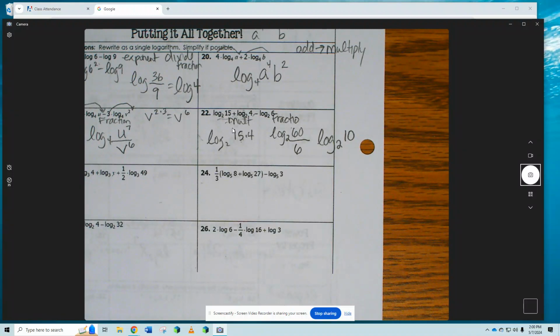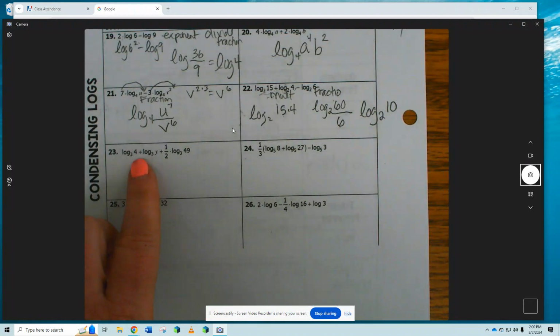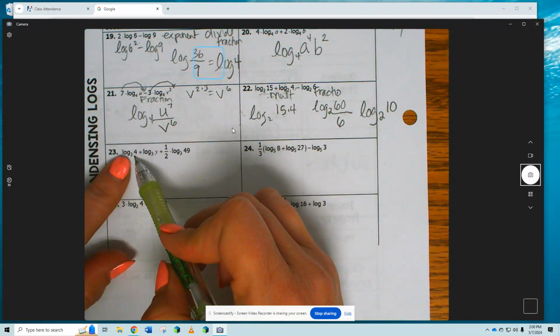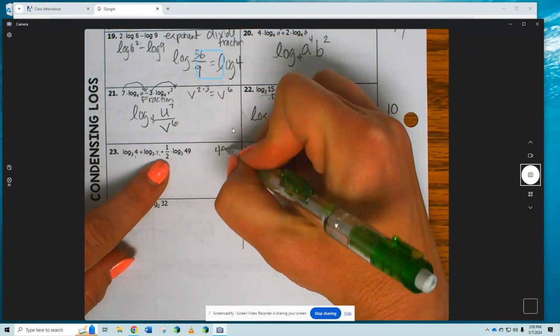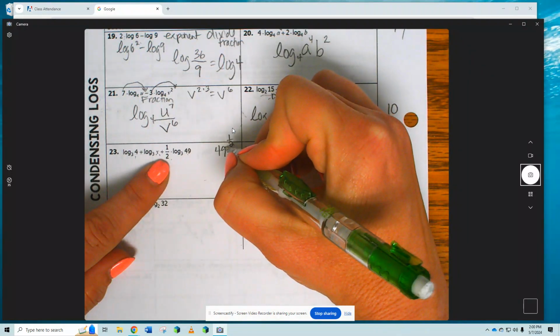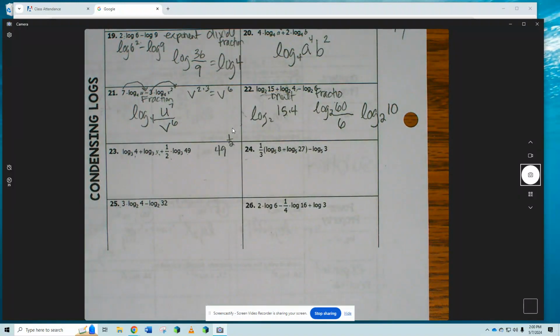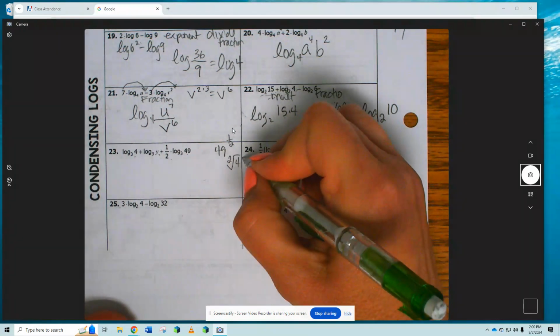Okay. Last two. I got a plus sign and another plus sign. I'm multiplying all of this, guys. Okay, the 4 is going to get multiplied by the y. Oh, what's 49 to the 1/2 power? It can be reduced. 49 to the 1/2 power is what? 7. Because it's the square root of 49.